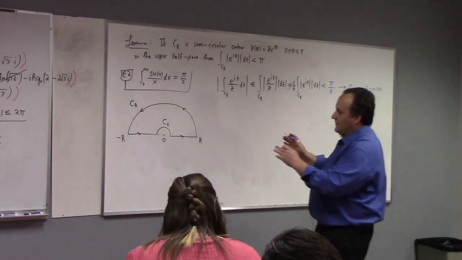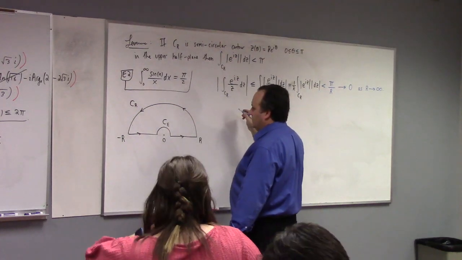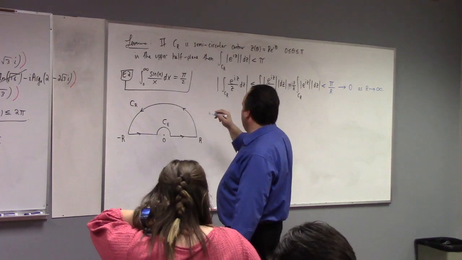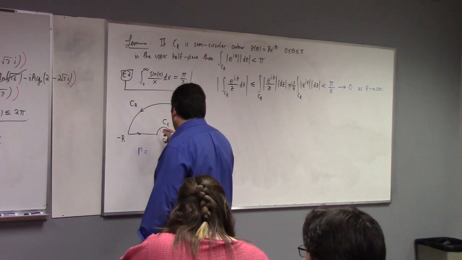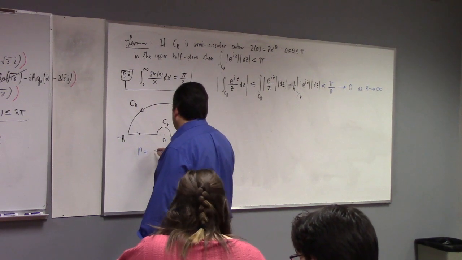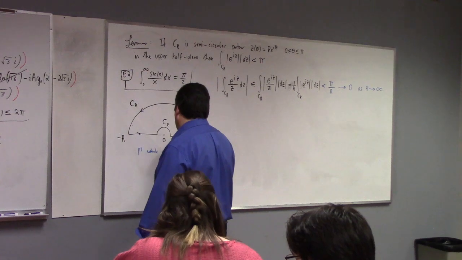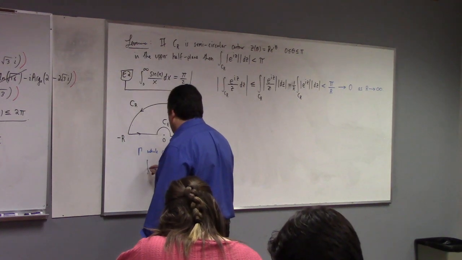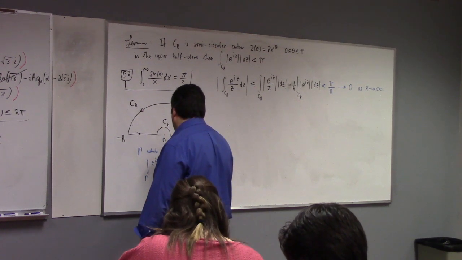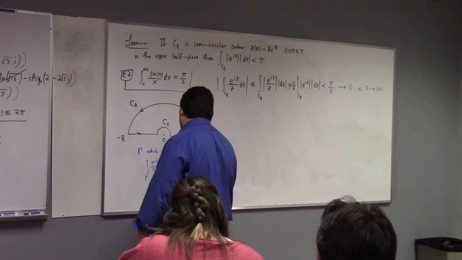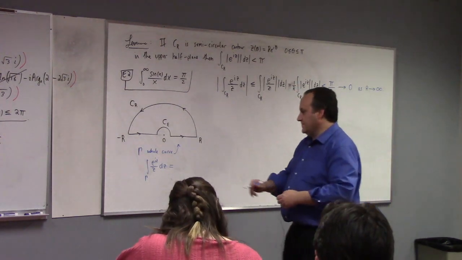So if we integrate around this contour, let me think of gamma as all of the above, the whole curve. So what should the integral over gamma of e to the iz over z dz be equal to? 0, right? That's for epsilon.